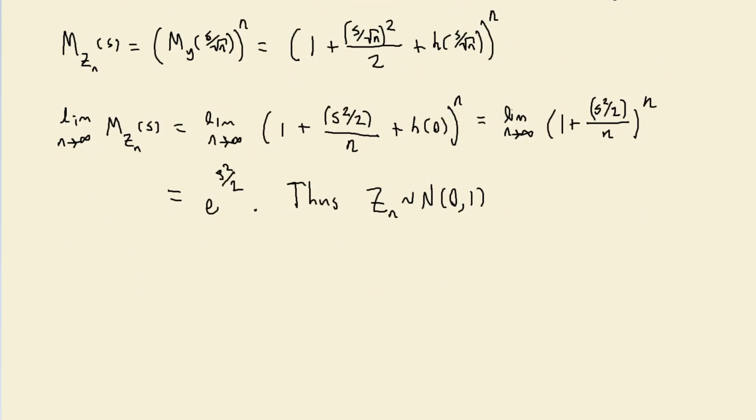And thus it follows, because this is logically equivalent to x bar, the mean of our random variables, being normally distributed with a mean of mu and a variance of sigma squared over n. And so we've just proven this, which is logically equivalent to this. And so we have proven that this is true as n tends towards infinity.